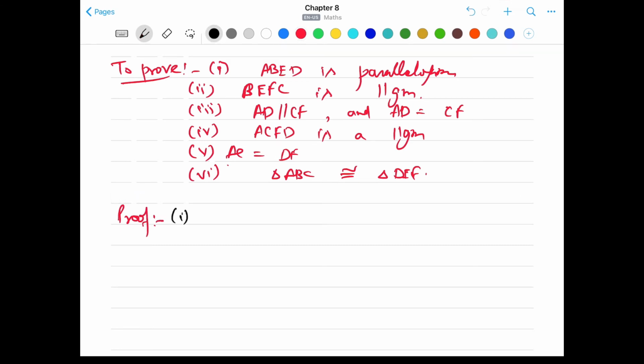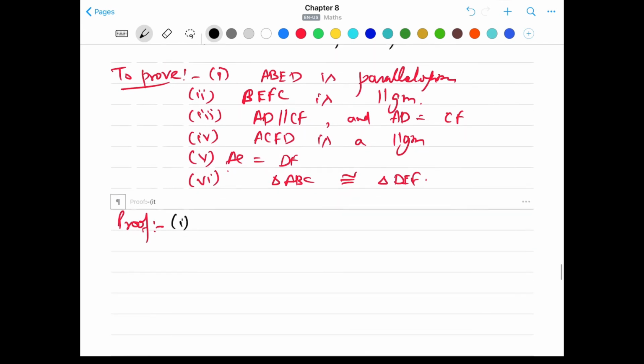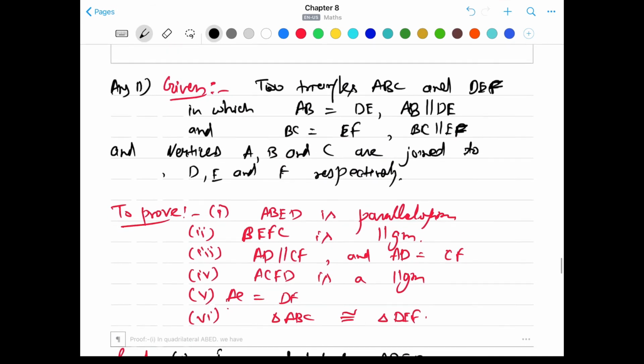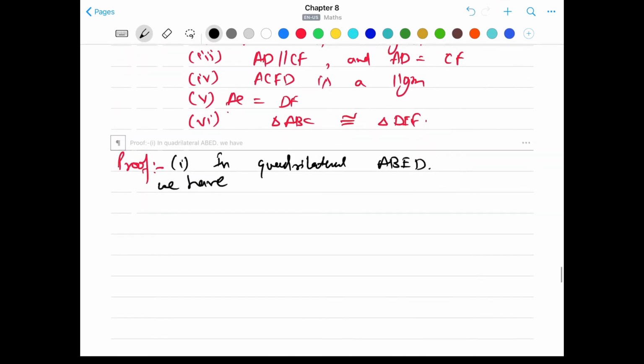First one is, we have to prove that ABED is a parallelogram. So write, in quadrilateral ABED we have that side AB is equal to DE and AB is parallel to DE.